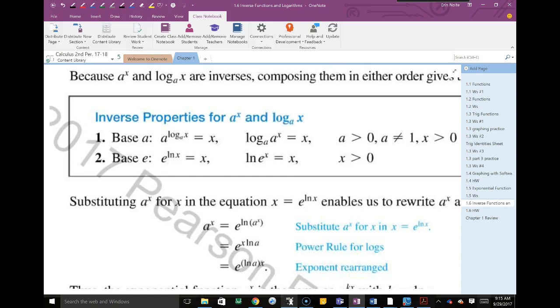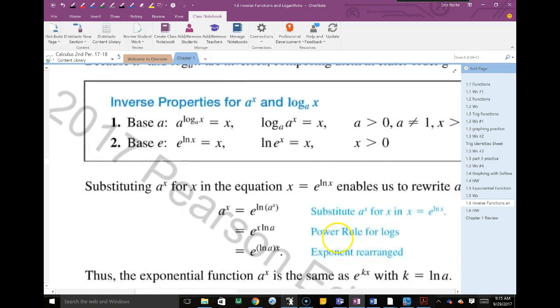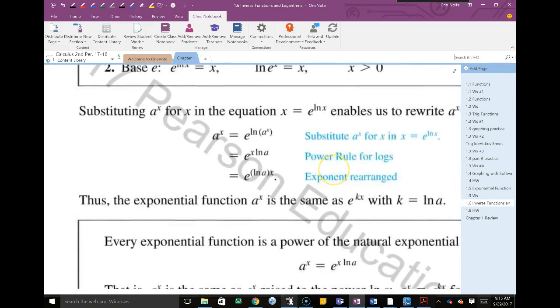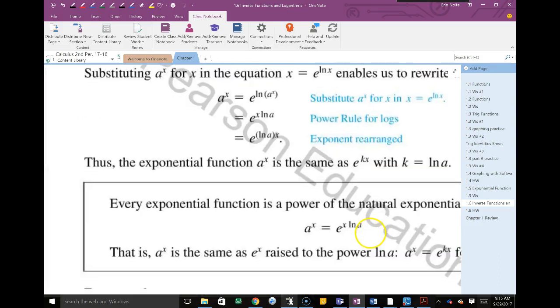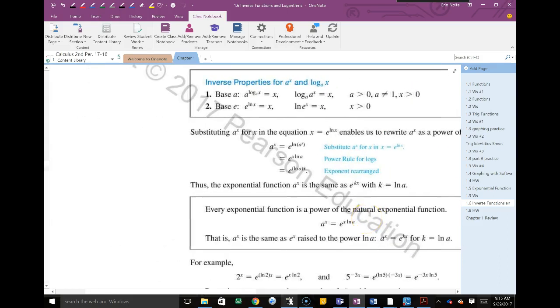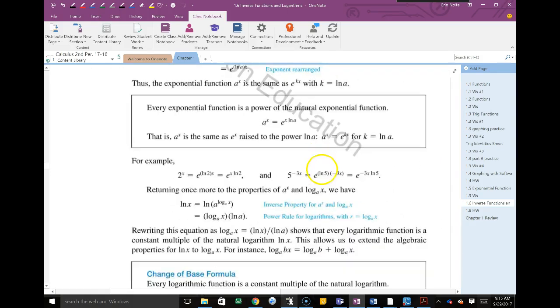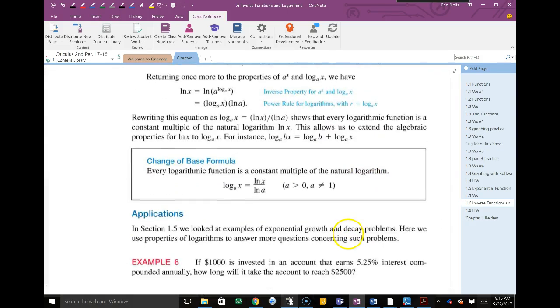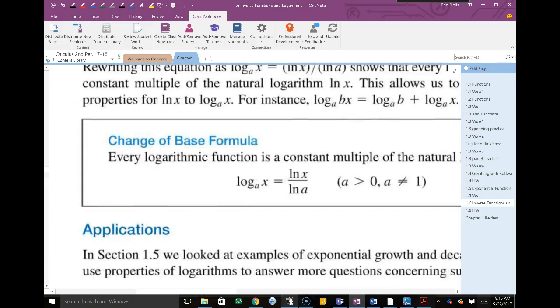Good? Okay. There's the change of base formula, feel free to write that down.